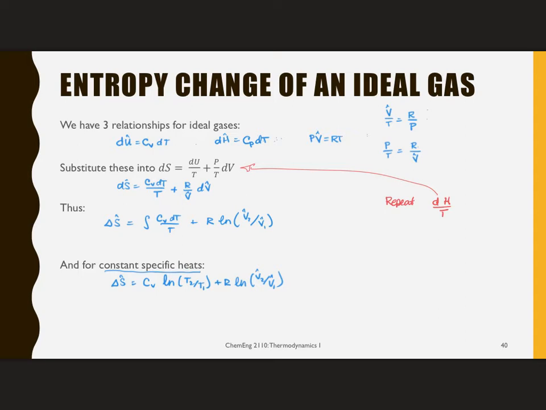And what you will find is that for constant C sub P, we end up with delta S approximately equal to C sub P natural log of T2 over T1 minus R ln of P2 over P1. But I want you to do that work. If you run into any problems, let me know.